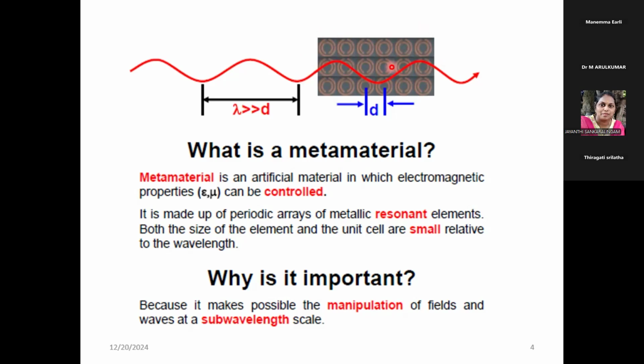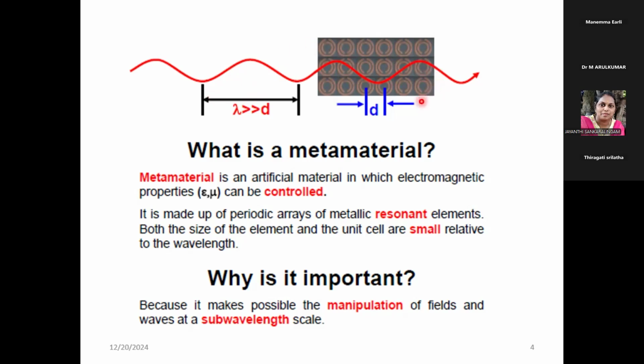For this requirement, you are going to select different unit cell structures. And the basic requirement here is that the size of the unit cell structure must be very much smaller than lambda. So what is the role of lambda here?